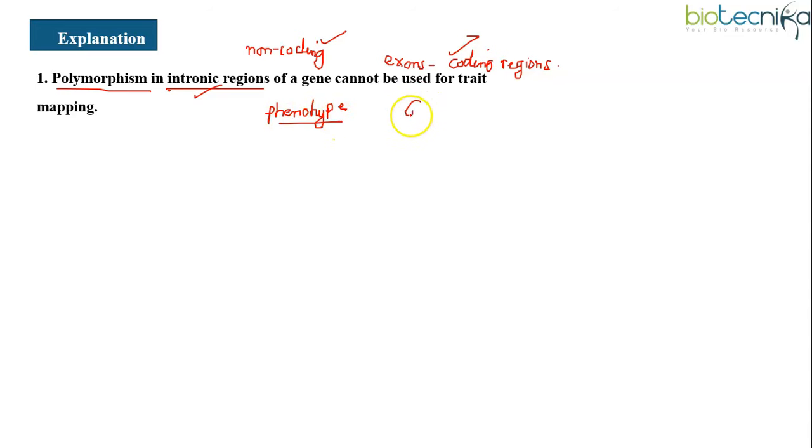So when we perform genome-wide association studies and trait mapping studies, researchers identify genetic variations associated with specific traits or diseases. Although coding variants, like nonsense mutations or missense mutations, can have a more direct impact on protein structure and function, non-coding variants, including intronic polymorphisms, can also be informative.